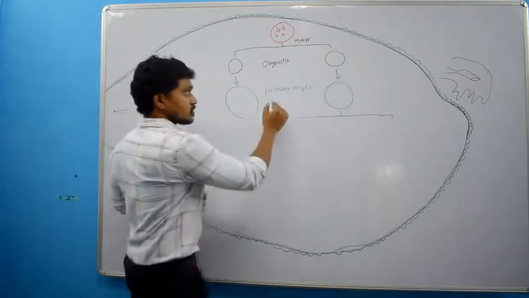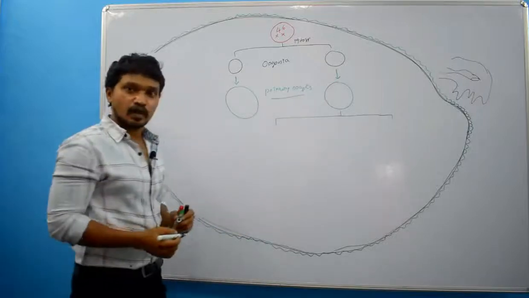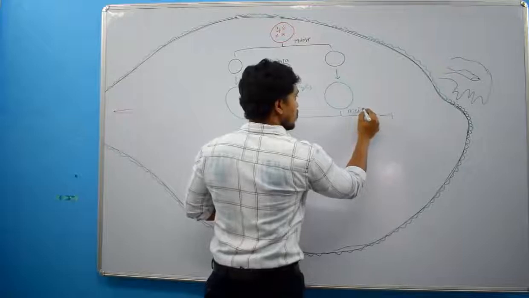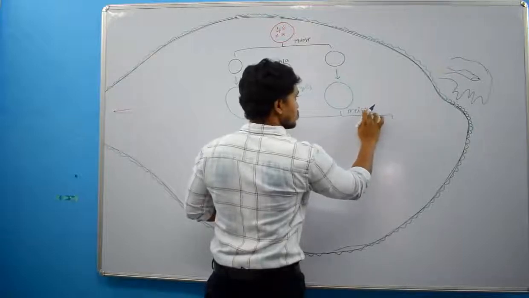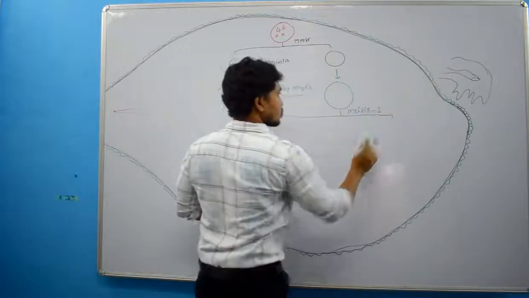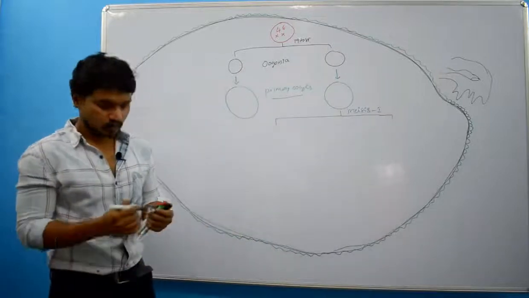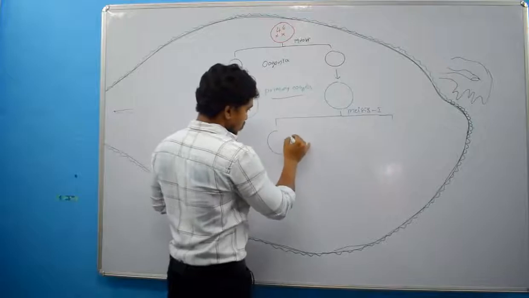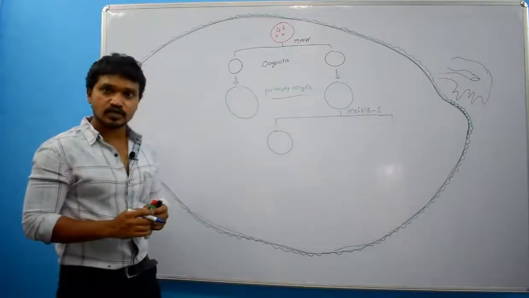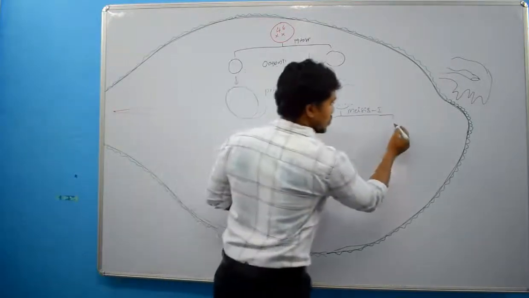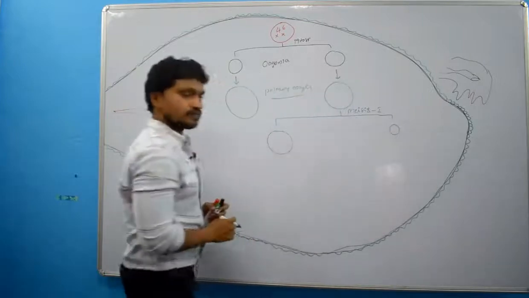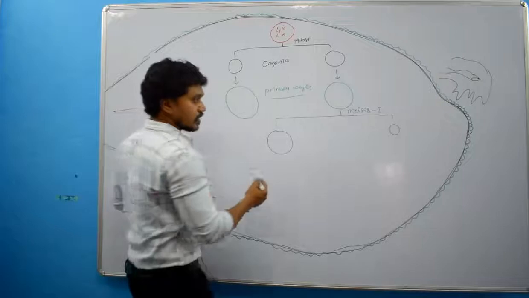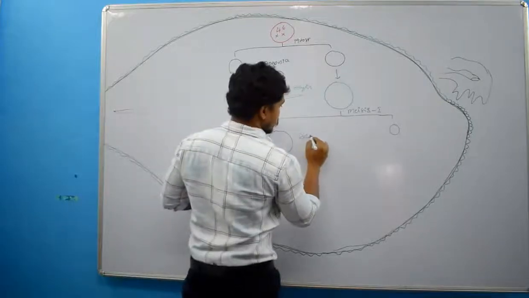So this primary oocyte undergoes meiosis 1 and produces one larger cell and one smaller cell. This larger cell is what you call the secondary oocyte.